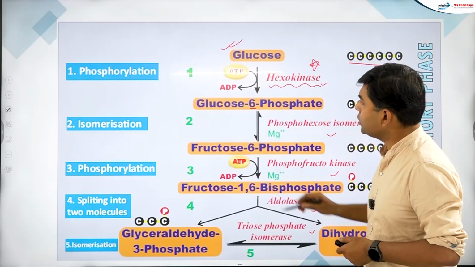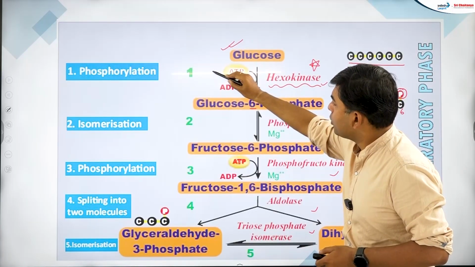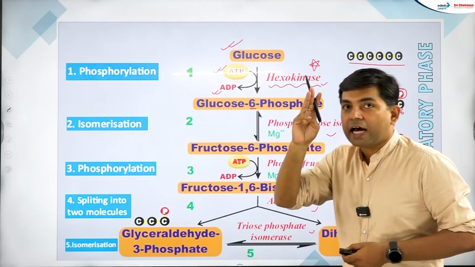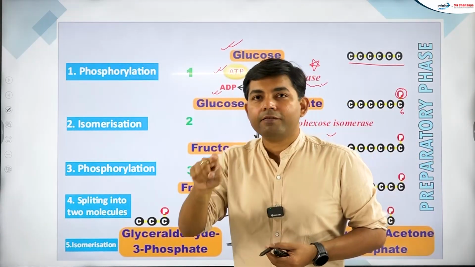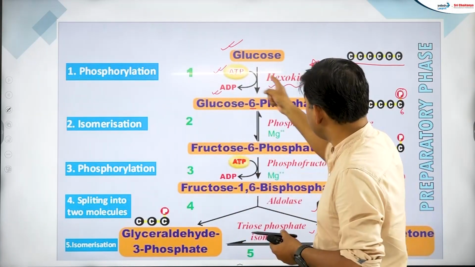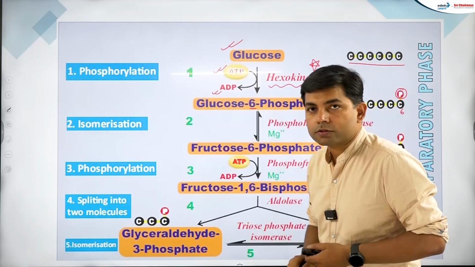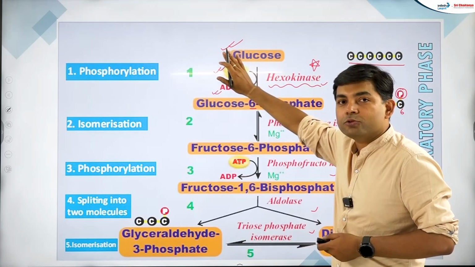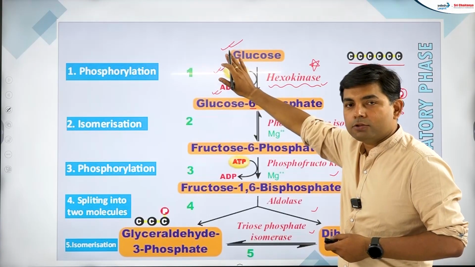Now here, ATP is converted into ADP, means triphosphate is getting converted into biphosphate, means one phosphate is going to the glucose, right? So in the first step one ATP is used.